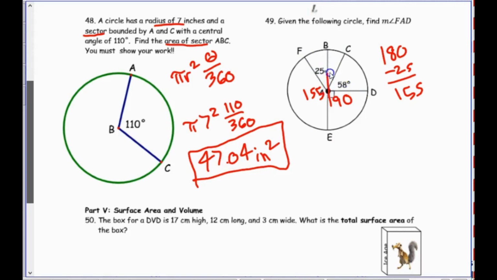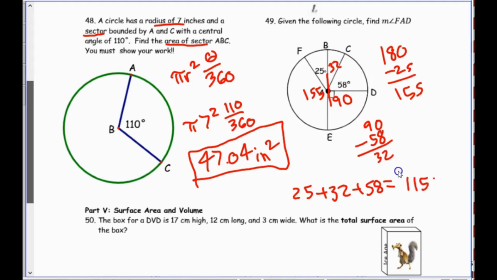If that's 90, 90 minus 58 gives me 32. So put a little 32 right here. So the central angle FAD, I'm going to add up 25 plus 32 plus 58, which is going to give me 90 plus 25, which is 115 degrees.